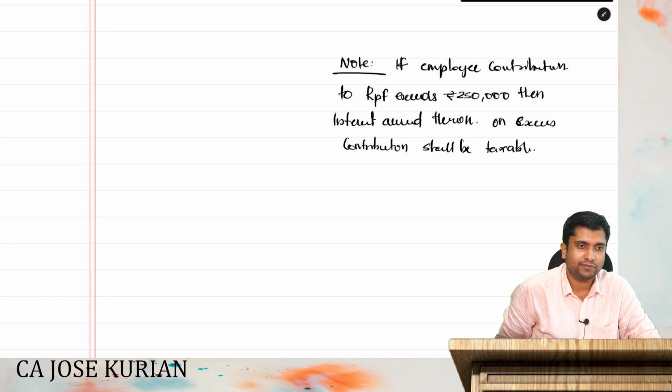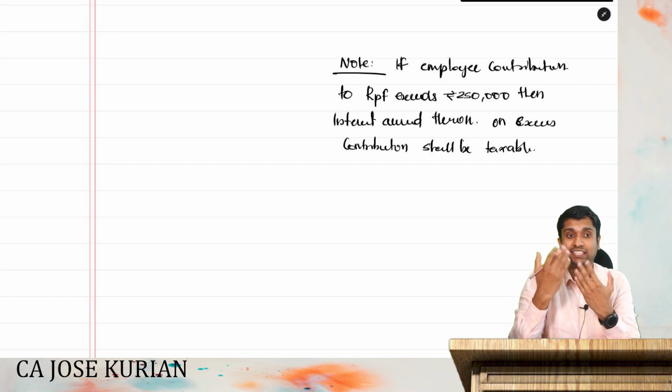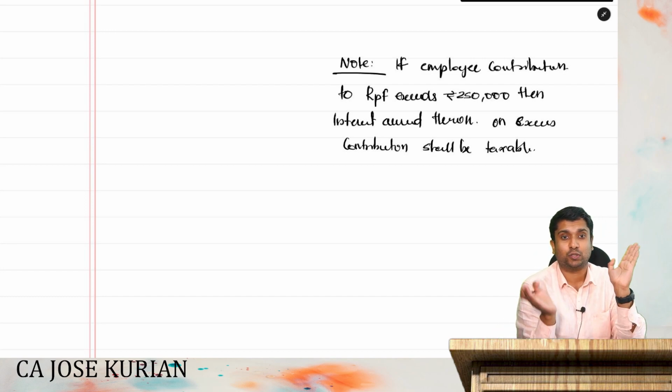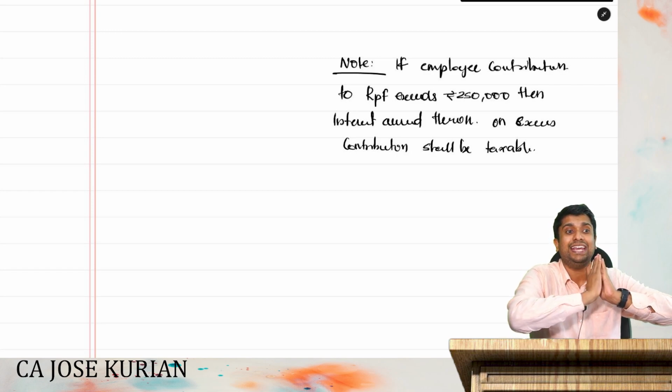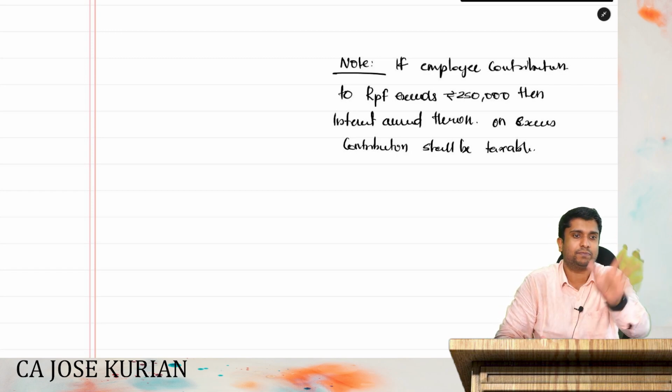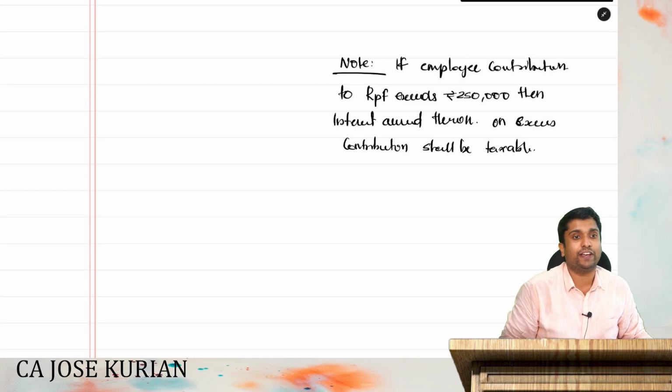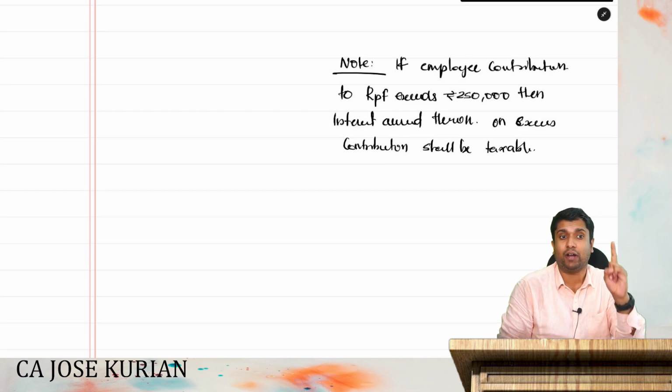Now, there is one more note. What will be the note? Any interest accrued on or before 31st March 2021 shall be fully exempted under section 10 subsection 12. Why? Because this is effective from 1st April 2021 onwards.